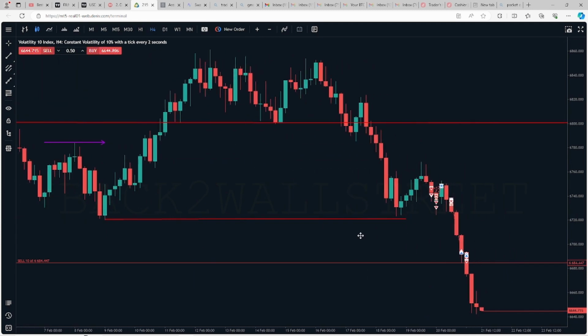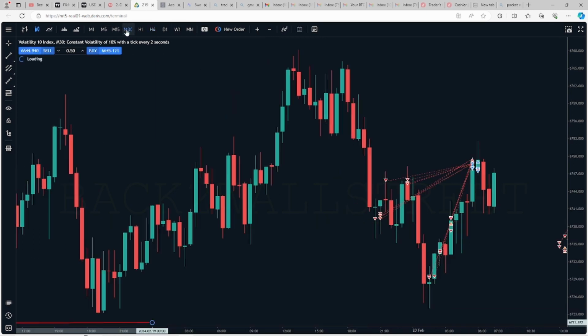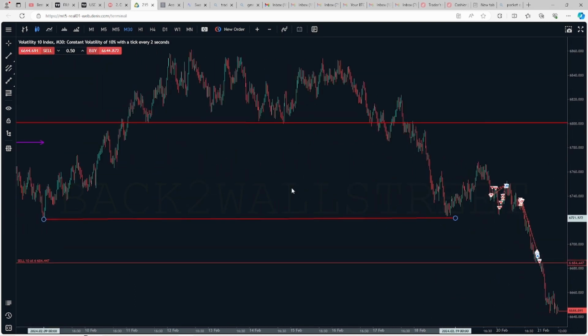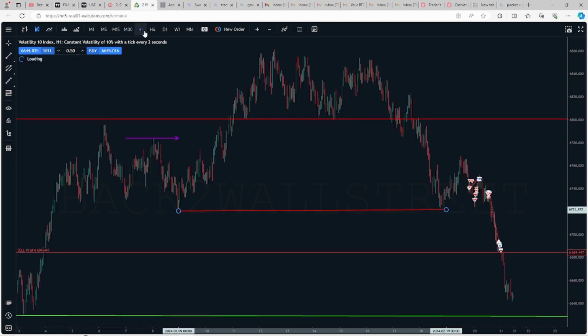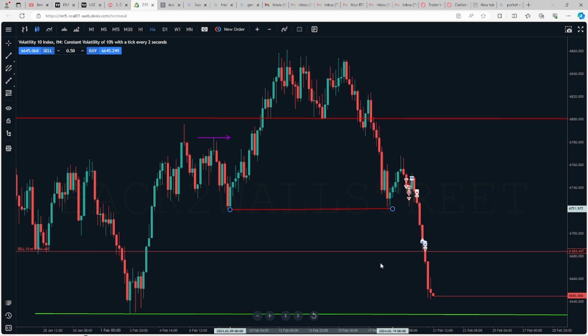And what I wish I would have waited for was the pullback. I think I was on the 30 minute. Okay, now that's way off. 1 hour, 4 hour. I was on one of these time frames.